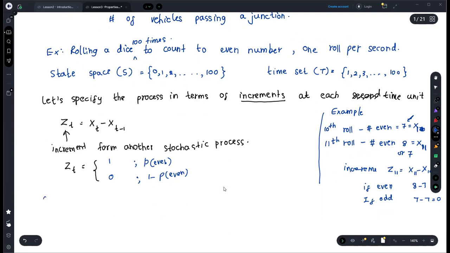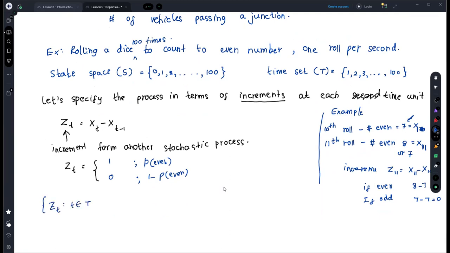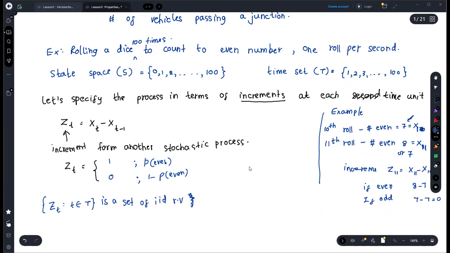So you can say this ZT is a set of IID random variables, right? So it will again be an IID random variable.